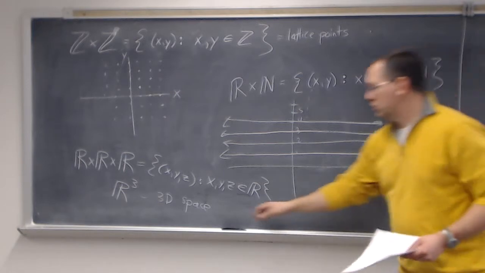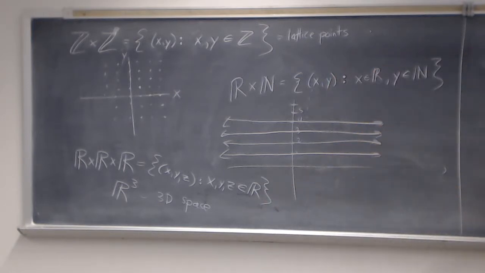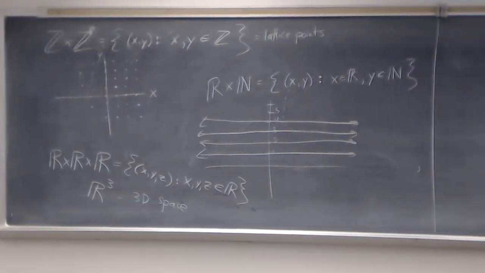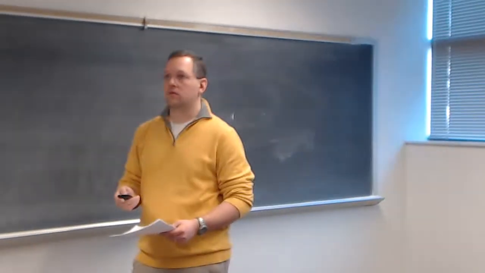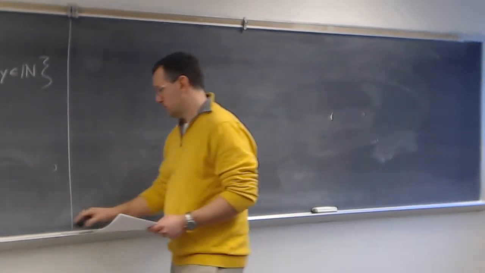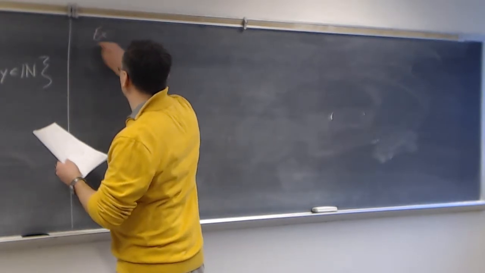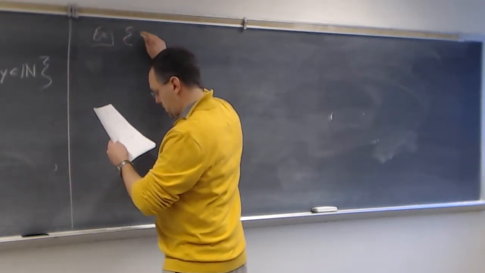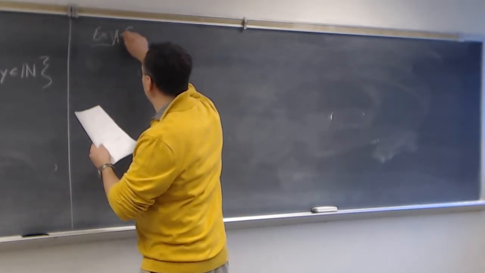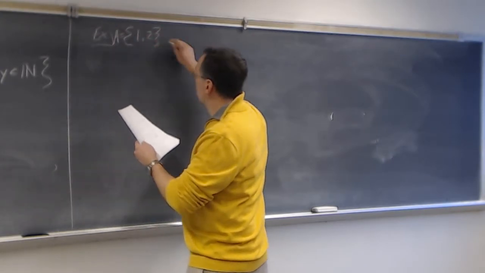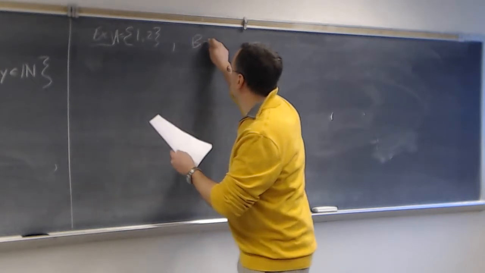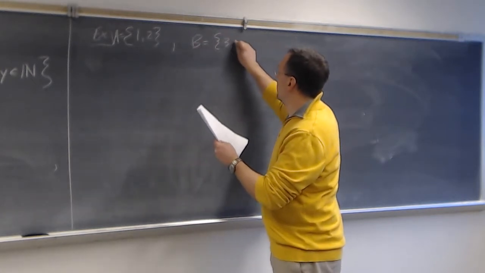I think all the examples so far are infinite sets. Let's look at a finite Cartesian product. A is a set with 1 and 2 in it. B is a set with 3 and 4.